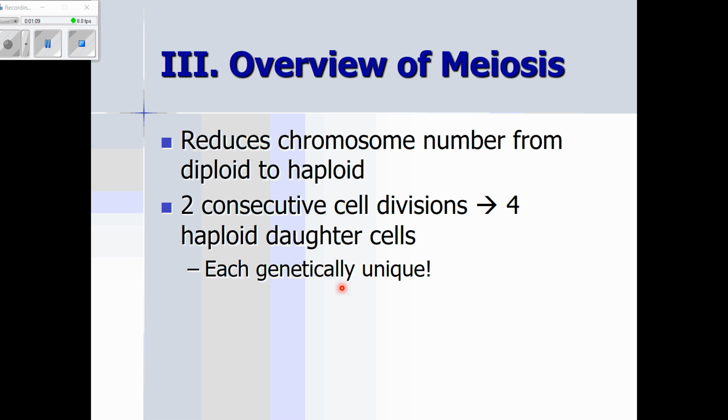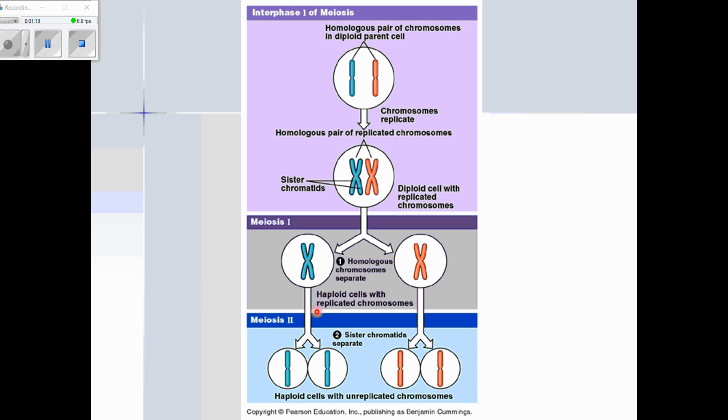Remember, plants and fungus use meiosis to make spores. Animals, of course, use meiosis to make gametes, sperm cells and egg cells. So this is just a quick pictorial overview of what's going to happen.